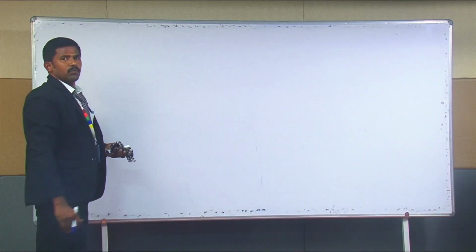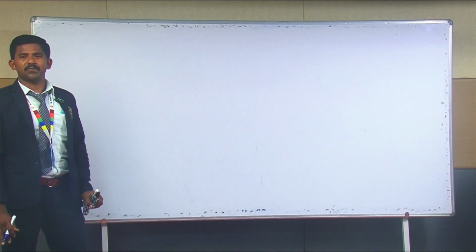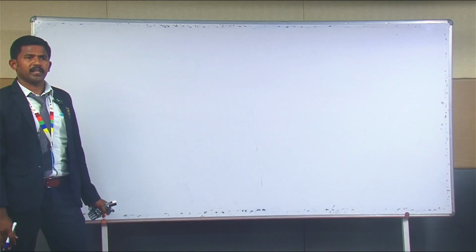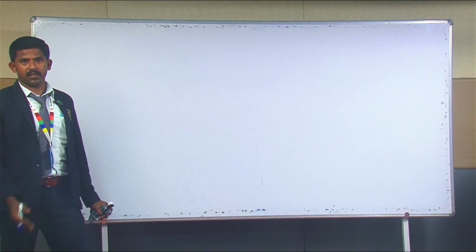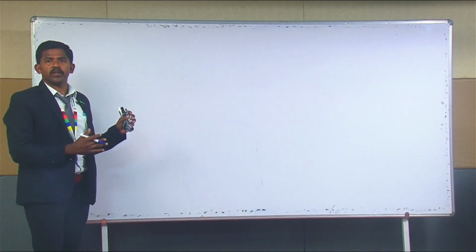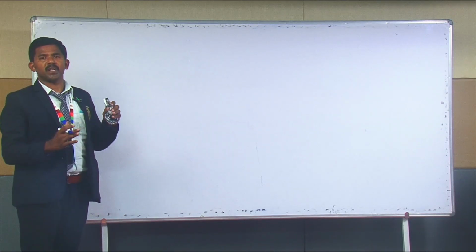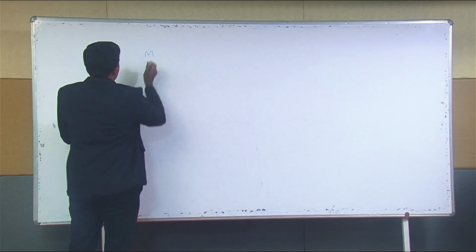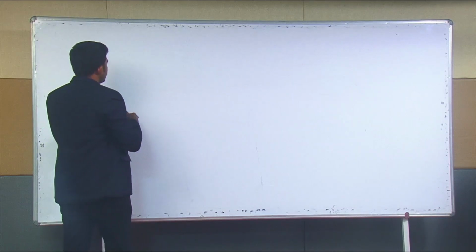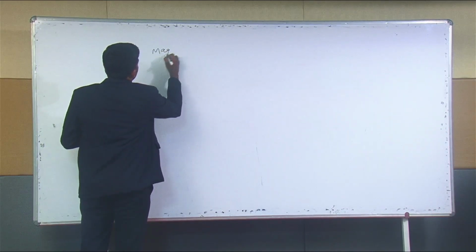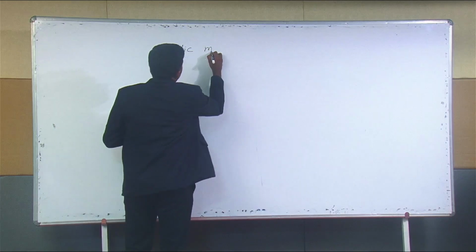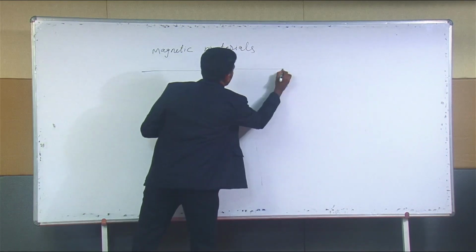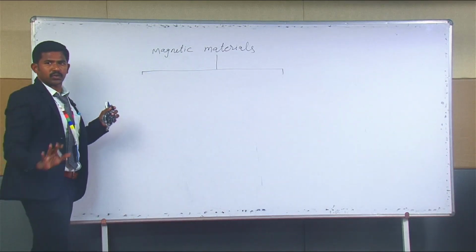Now we are going to classify the magnetic materials. Since more magnetic materials and more characterization have been introduced, we are going to classify with respect to permanent magnetic moment, into two categories.